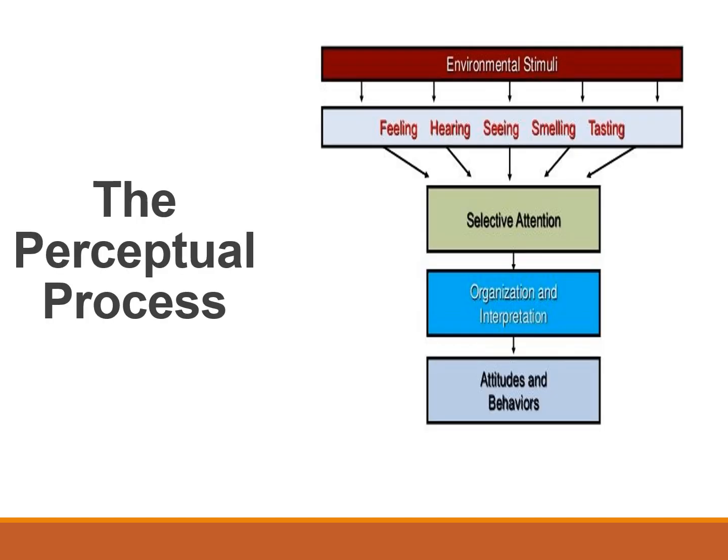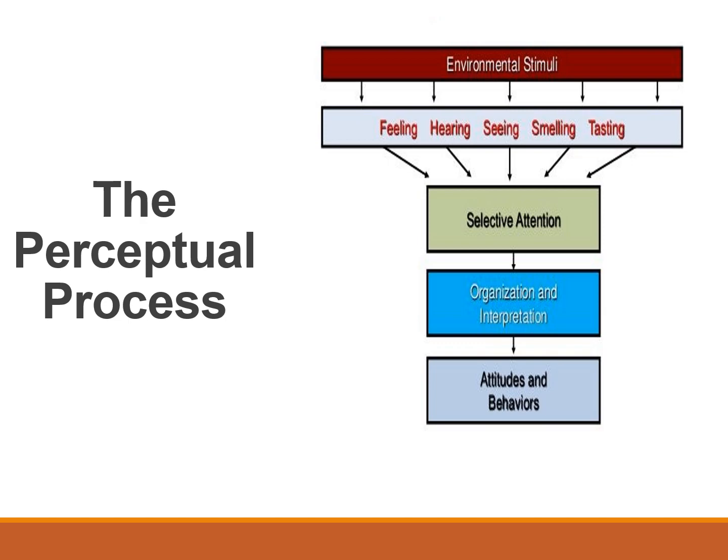And earlier I mentioned it is a perceptual process. Here this is the perceptual process. So normally a person gets environmental stimuli, that means information and data, from the five sense organs. These are the five senses: feeling, hearing, seeing, smelling and tasting. Then selective attention.